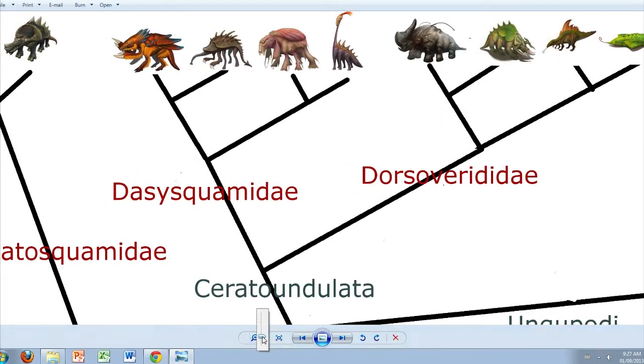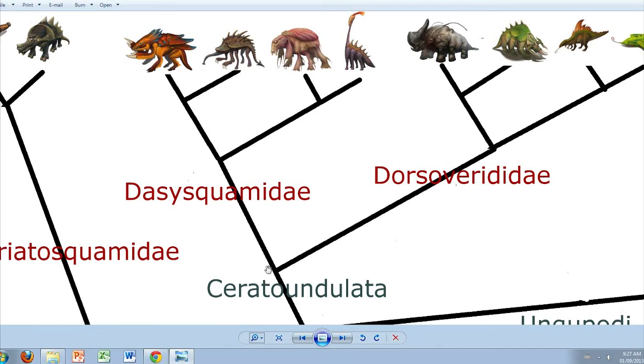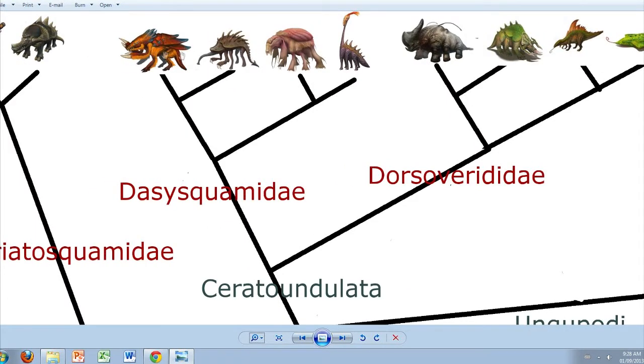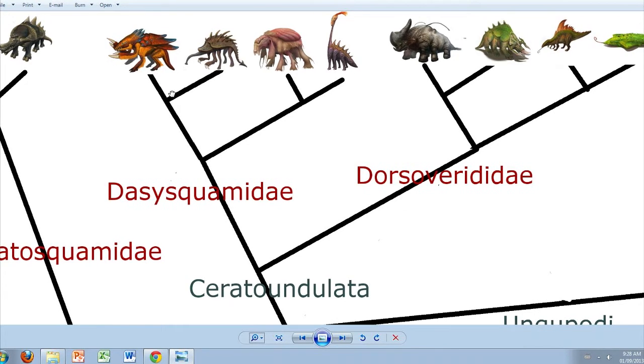The first group within this order are the Dasyasquamidae, and these are a group of animals that have both hair and occasionally some sort of prominent scales or shells, but also have their first pair of legs modified. At least these two species have their first pair of legs modified for, I guess, combat for the most part. Life is pretty harsh on Maria, so that's what those are for.